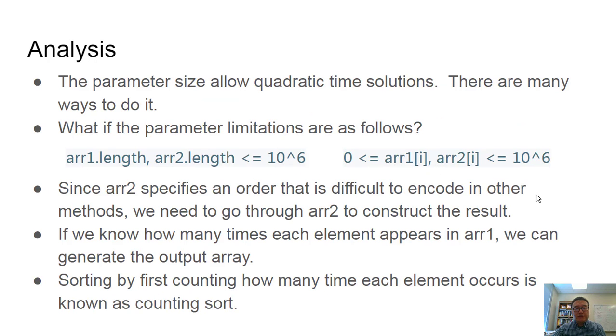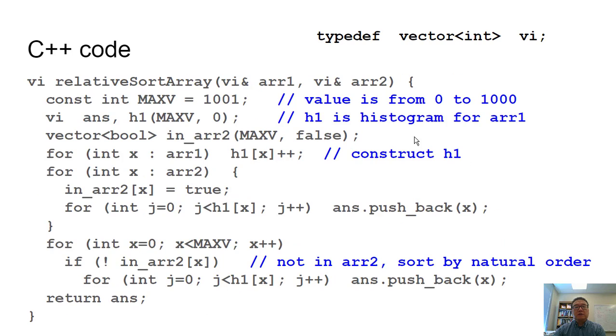So now going back to this problem, these slides just go over the idea we talked about earlier. Let's look at the solution code. To make the code a little bit more succinct, I use VI to stand for the type of vector int. So we are given 2 input arrays.